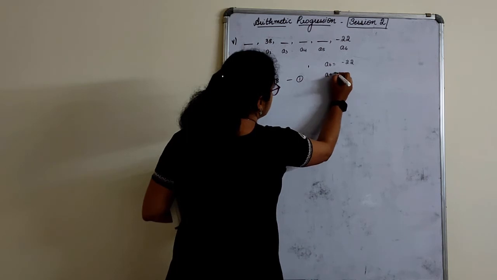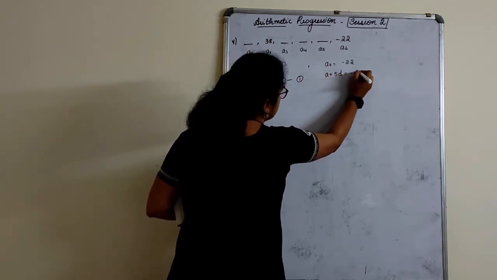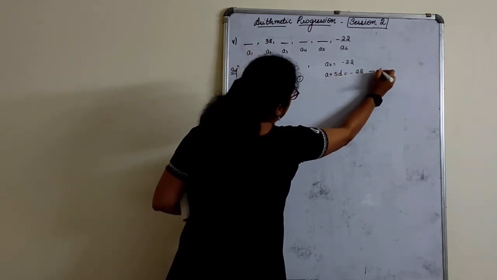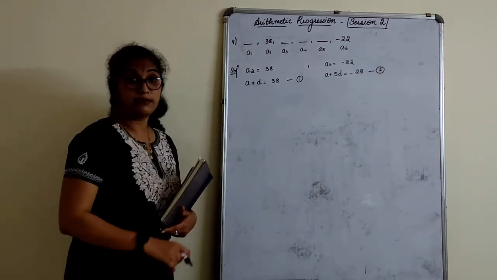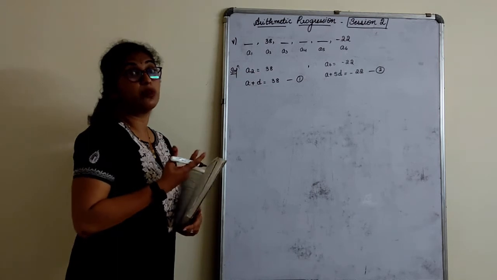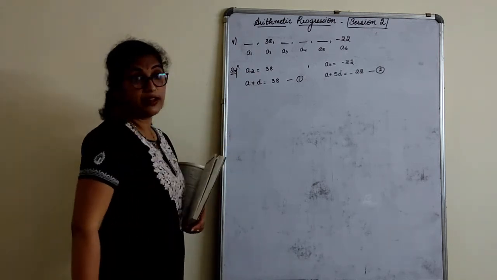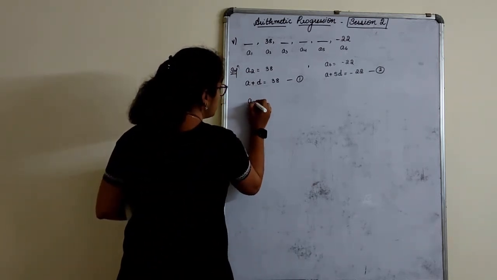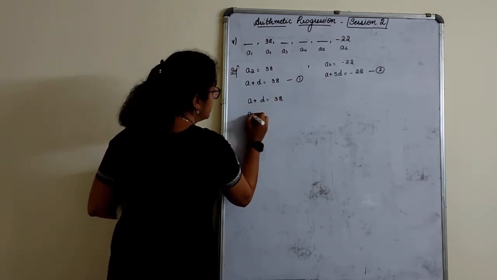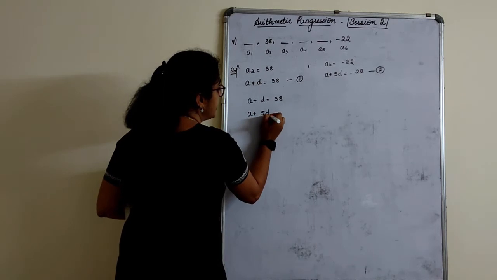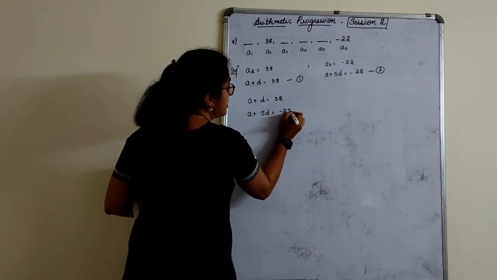So A plus 5D is equal to minus 22, equation 2. Now this will tell us about linear equations in two variables what we had done, where A and D are variables. Solve A plus D is equal to 38 and A plus 5D is equal to minus 22.